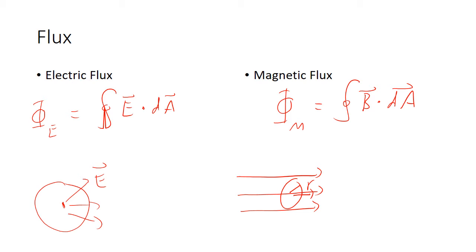So in this case, the integral is just going to be B times A. The magnetic flux here is going to be B times pi r squared.